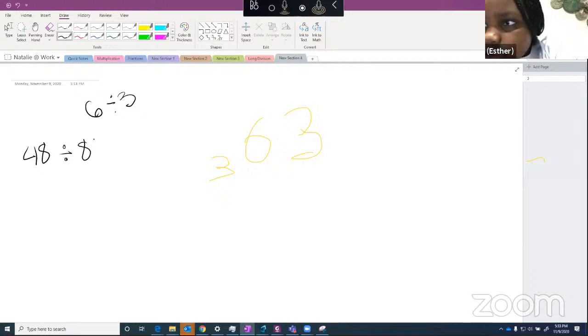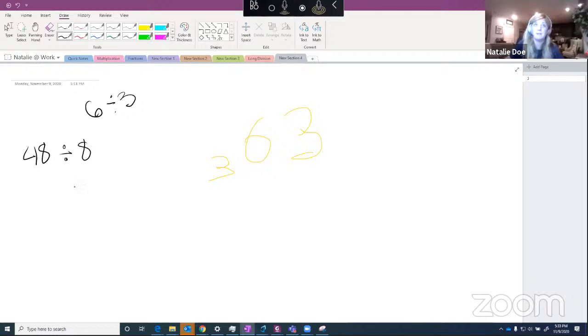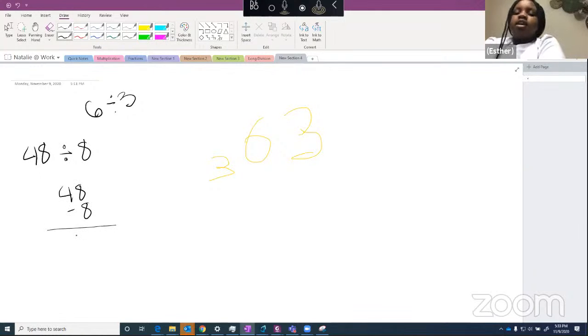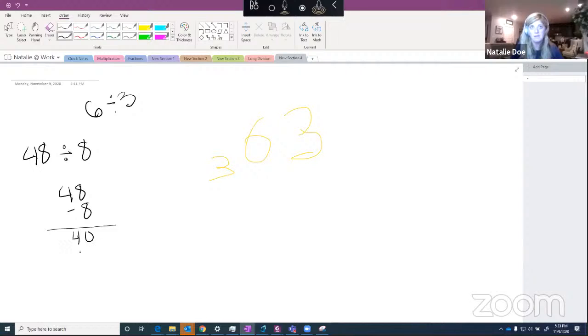So 48 divided by 8 equals 6. Not quite. So why don't we do it using repeat subtraction? So 48 minus 8, what's that? 48 minus 8 equals 40. 40, okay. And we again just keep doing it. So what's 40 minus 8?